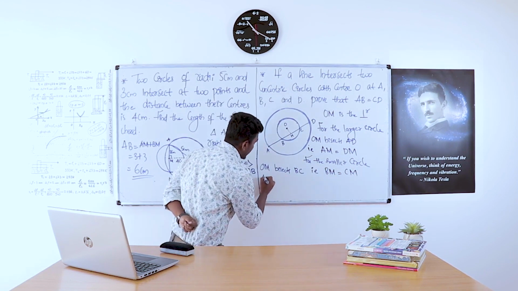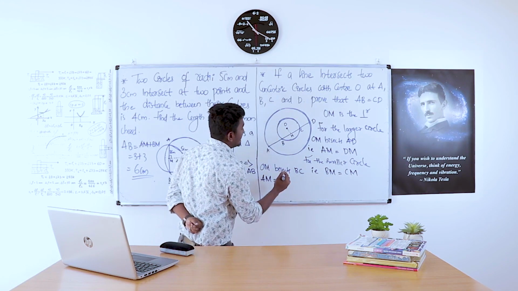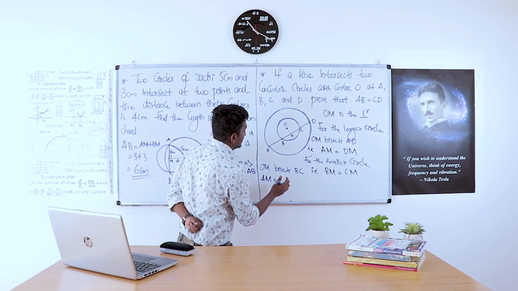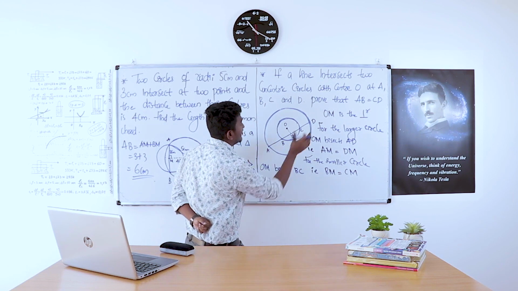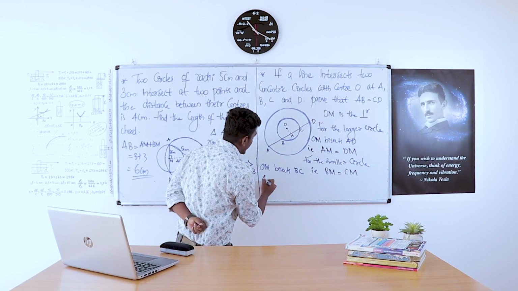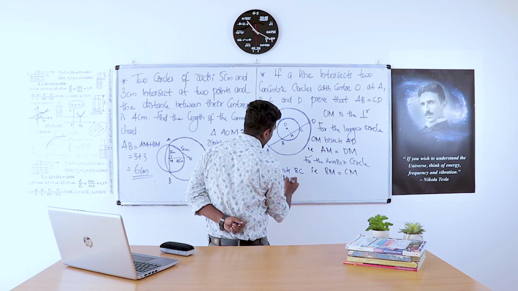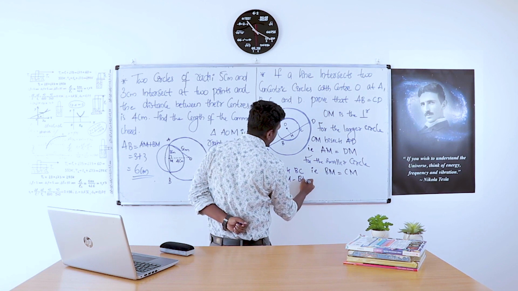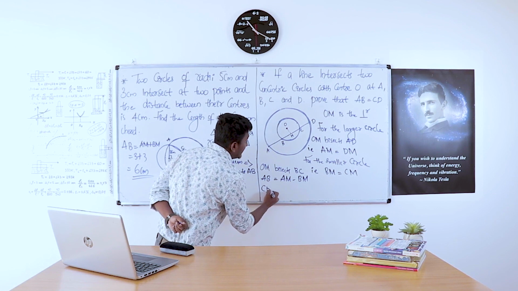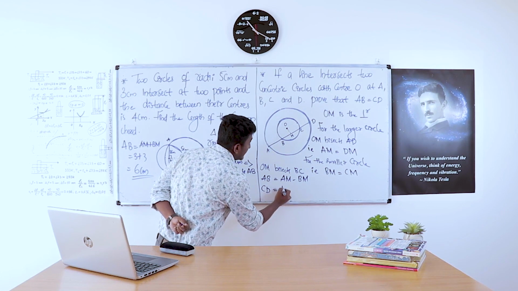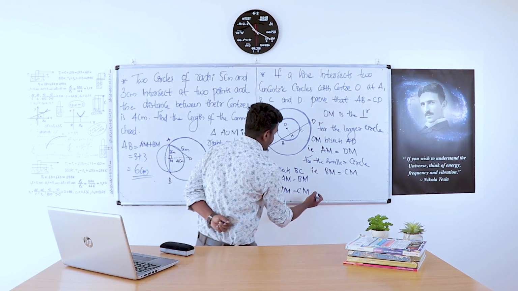Now, look at this figure. AM can be written as BM plus AB, so AB can be written as AM minus BM. In the same way, CD can be written as DM minus CM.